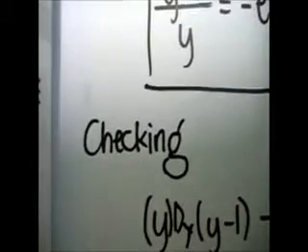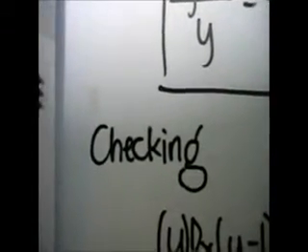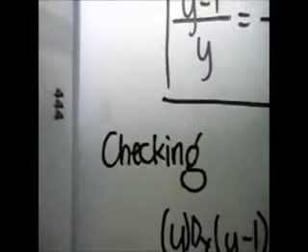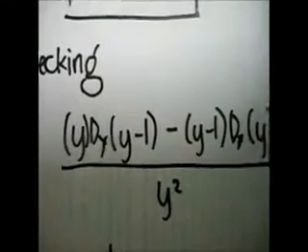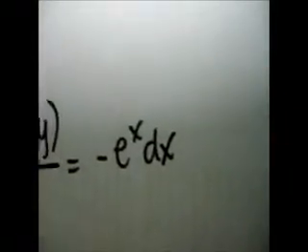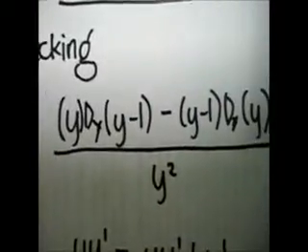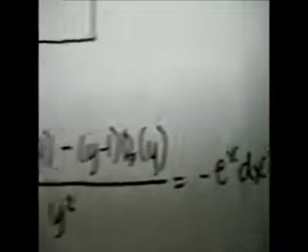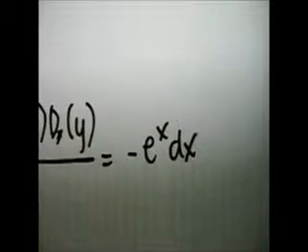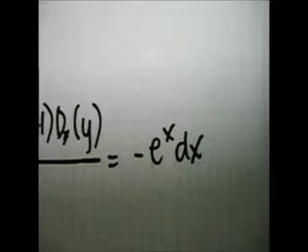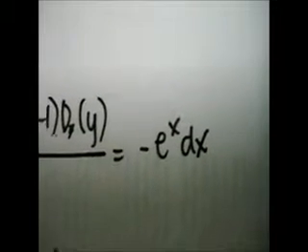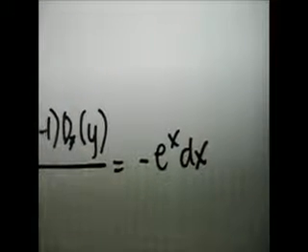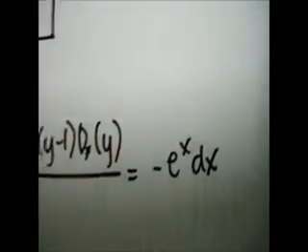So checking if our answers are correct, we differentiate the left side with respect to y, and this with respect to x. So low d high minus high d low over low squared, we have this as an answer, and this as we differentiate the negative e to the x.